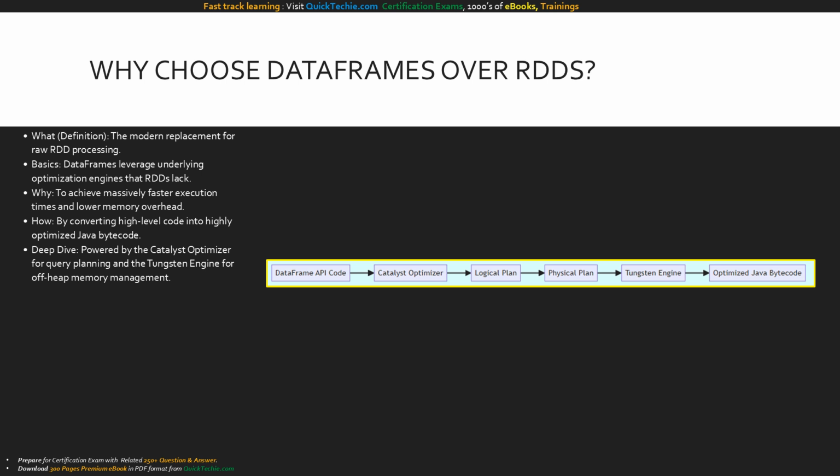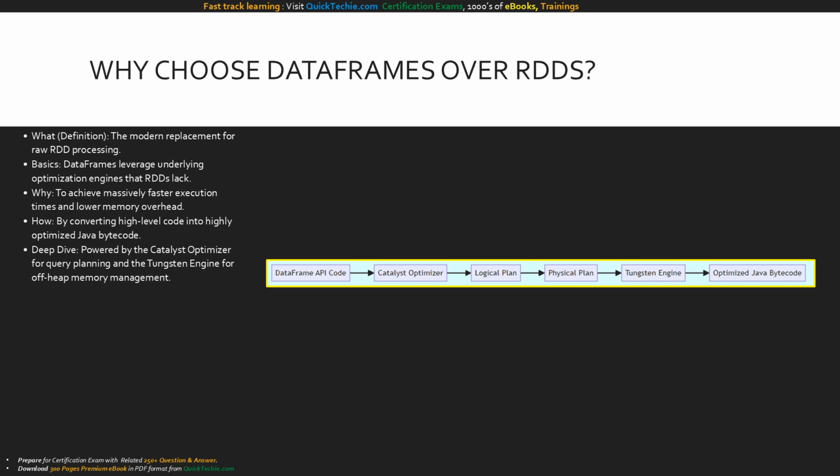Furthermore, data frames utilize Tungsten's efficient off-heap memory management and whole-stage code generation. This means Spark avoids the heavy overhead of Java object serialization and garbage collection. Ultimately, this automated optimization process results in significantly faster execution compared to manually writing and optimizing lower-level RDD operations.